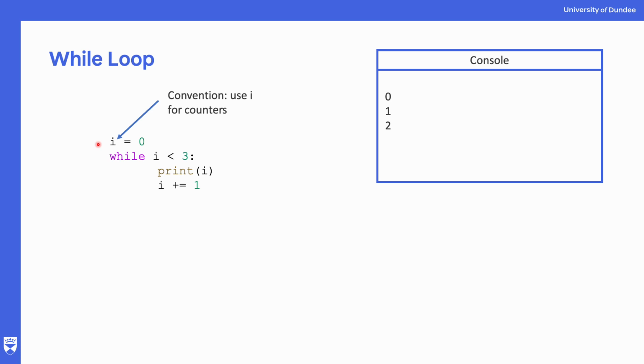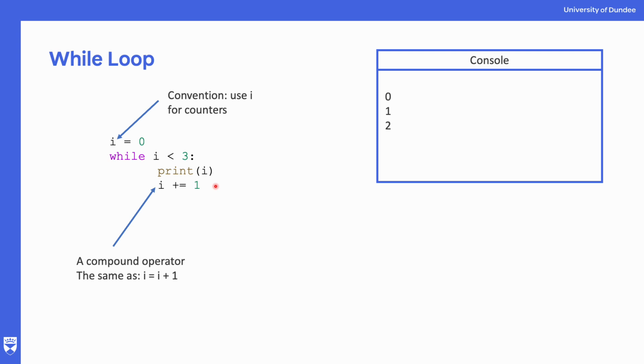You could use anything, but I'll continue using i just for convention. Then I have while i is less than 3, which it currently is because it's 0, so this condition would be true. I'm going to print that out, and then I'm going to do i plus equals 1.